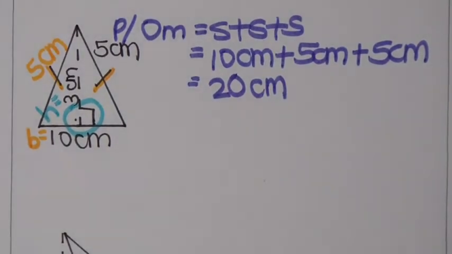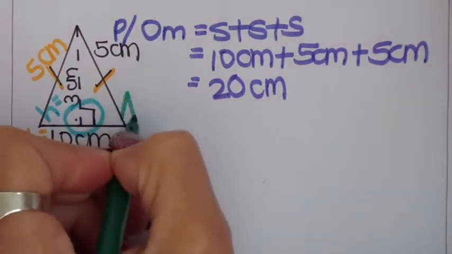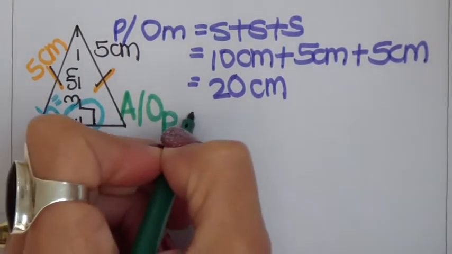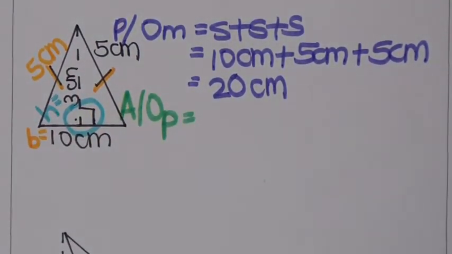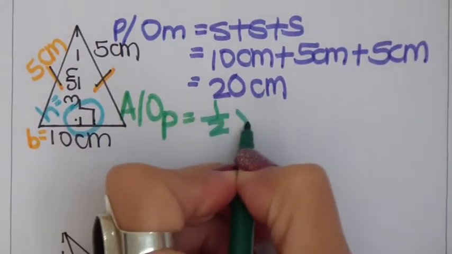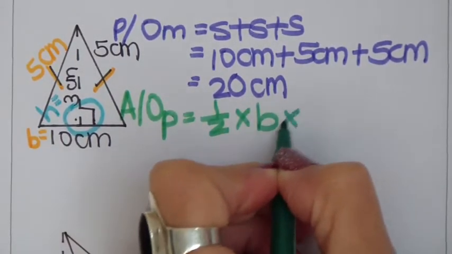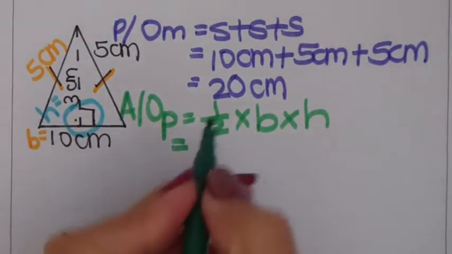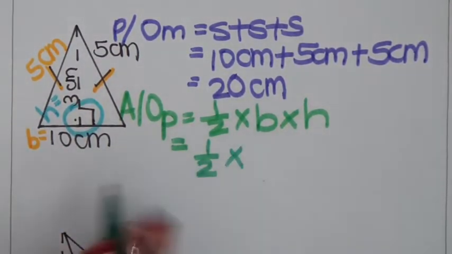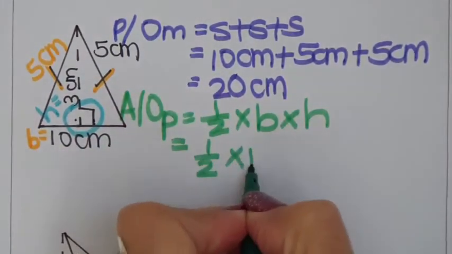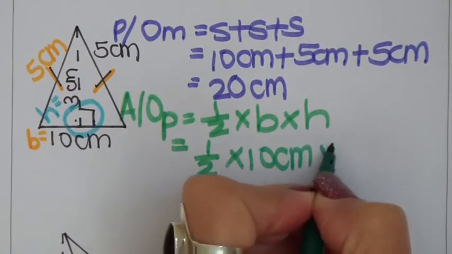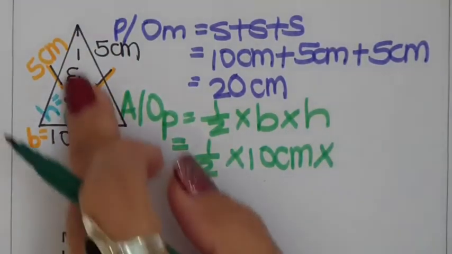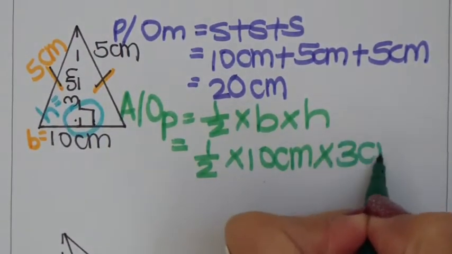Right, now we're still going to work out the area. Nou werk ons die oppervlak uit. Die oppervlakte formule, halfte maal die basis maal die hoogte. Half times the base times the height. Half times, what do we say the base is? It's 10. Maal die hoogte, wat het ons gesê is die hoogte? Dis 3 centimeter.